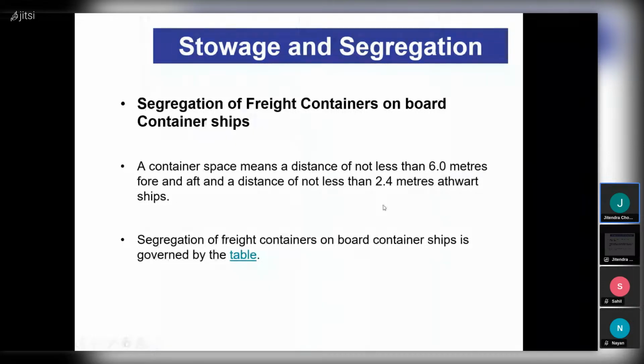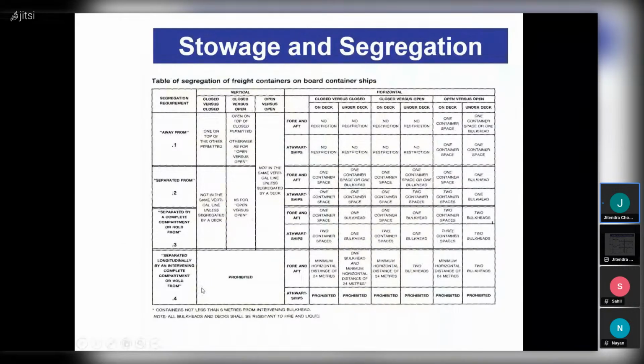And segregation of freight containers on board container ships is governed by this table, you can see. So which one to follow is given here. You can just mention 1, 2, 3, 4 there.